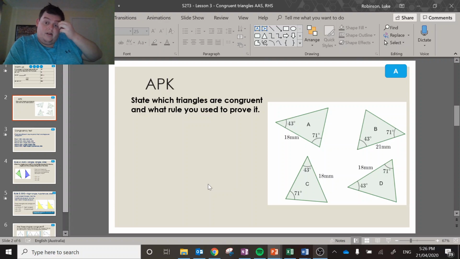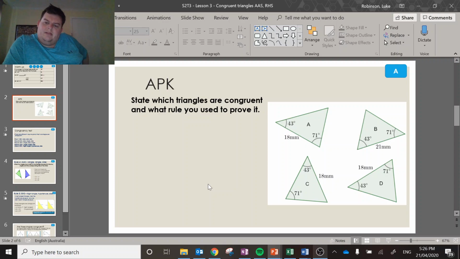Well, triangle B, does that look like anything? All the other ones have a side of 18 millimeters, so triangle B probably doesn't match up with anything either. What do we have? We have triangle C, which has the right angles on the right side, but the right side length, I should say, but the side's on the wrong spot. It's not in between the angles like the other two.